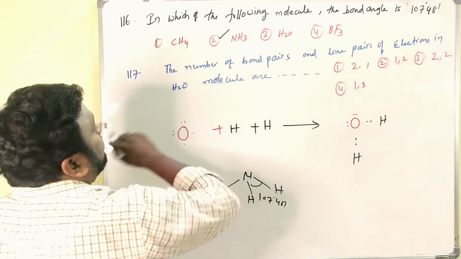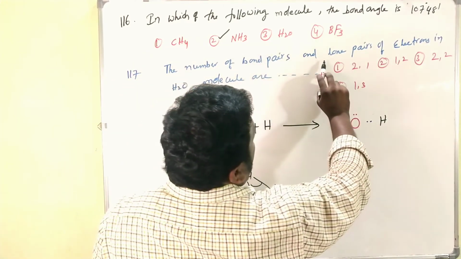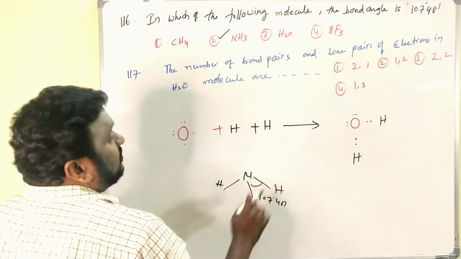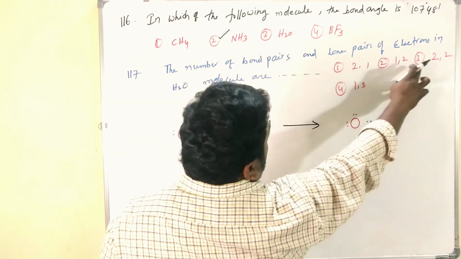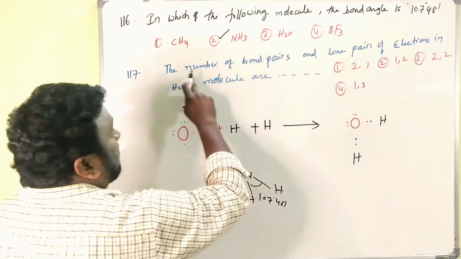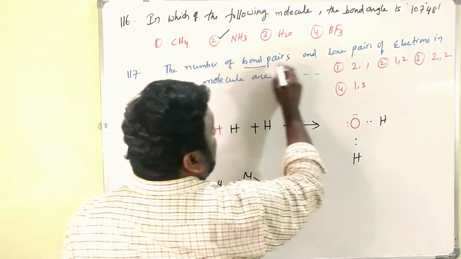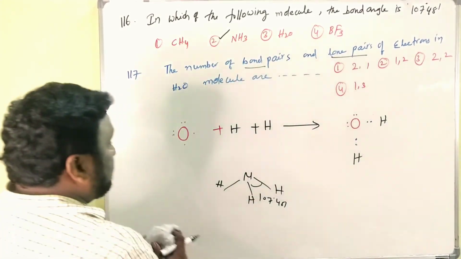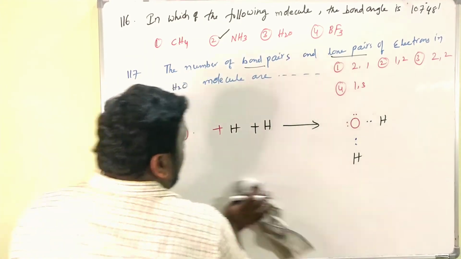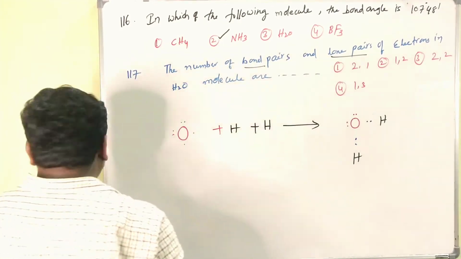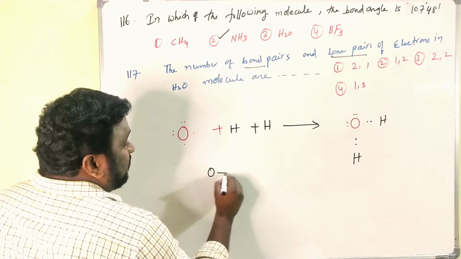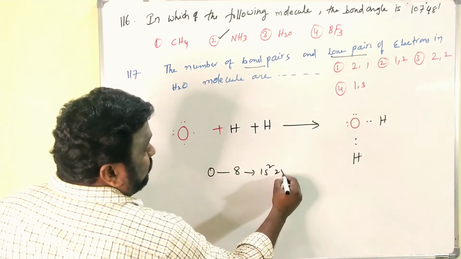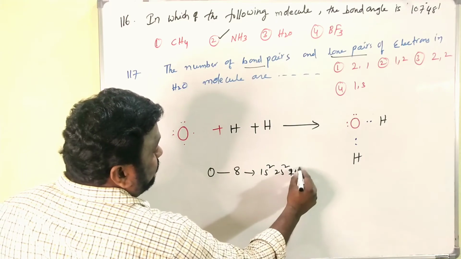Second question: the number of bond pairs and lone pairs of electrons in the H2O molecule. Options 21, 12, 22, 13. See here, in H2O molecule formation, oxygen's atomic number is 8, so 1s2, 2s2, 2p4.